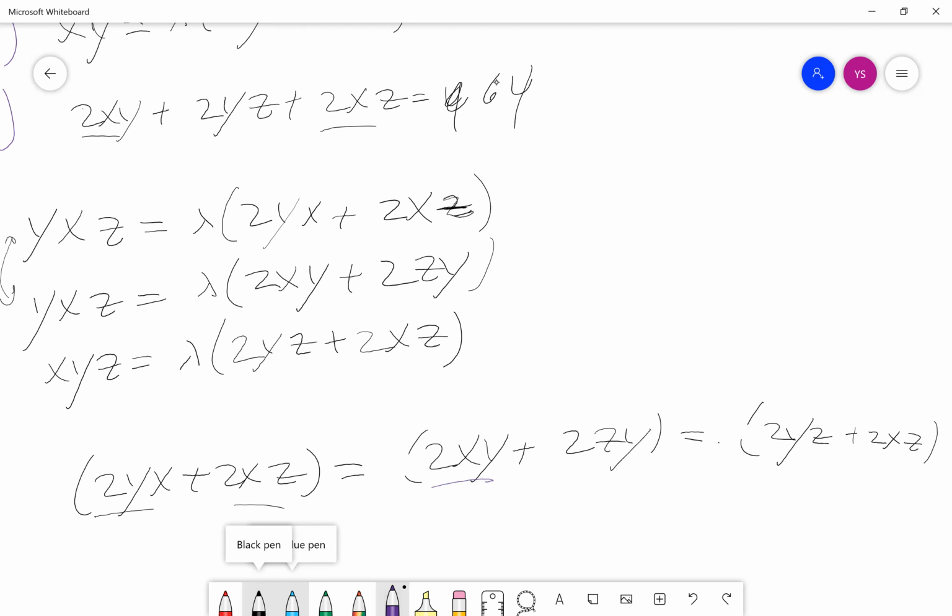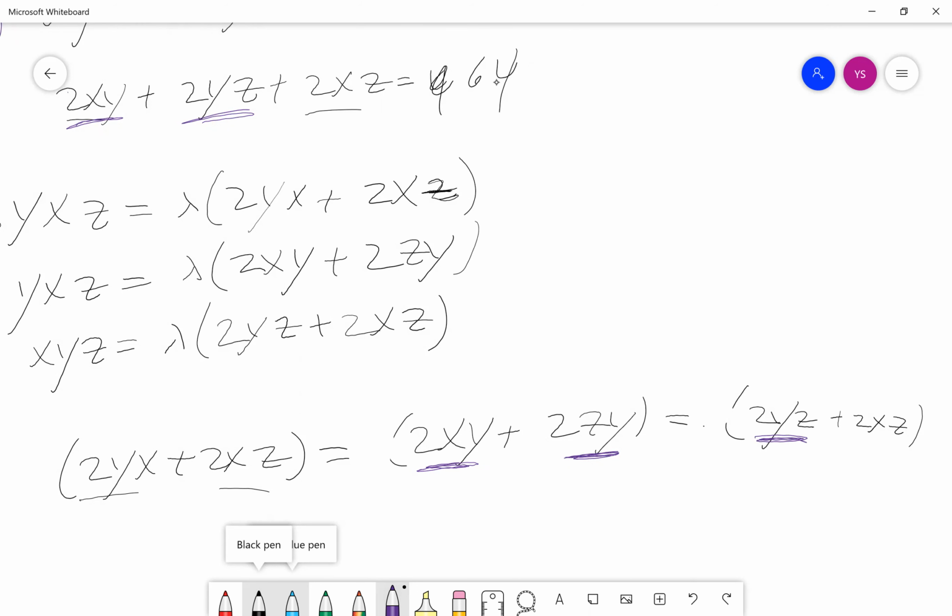So let's look at the 2xy, another 2xy, and then 2yz over here. So we get one of those, and then another 2yz over here. So two of those, and another 2xz. So in these equations, we have two of each one of these.